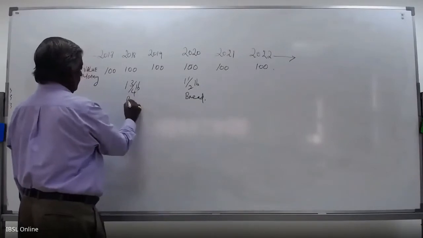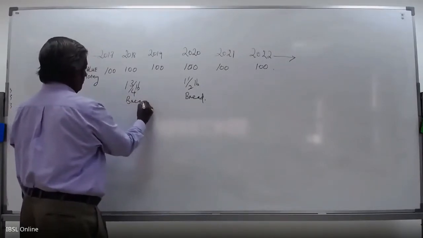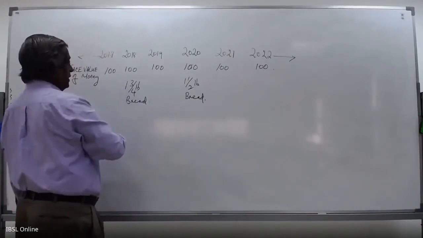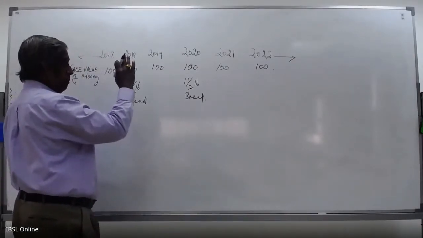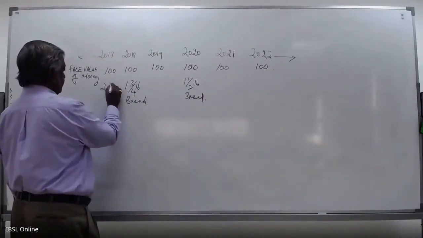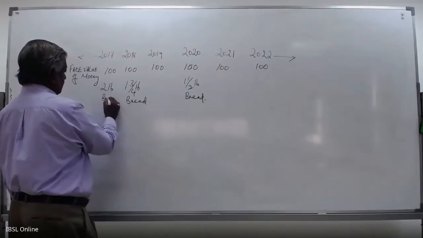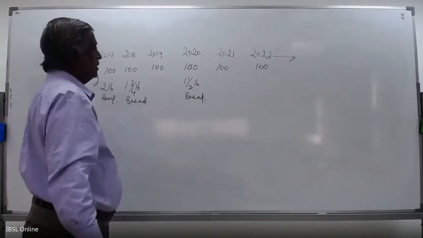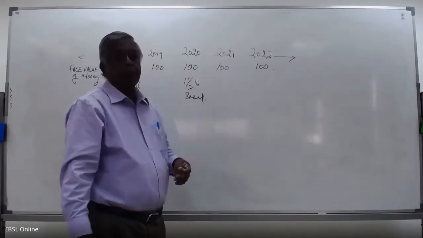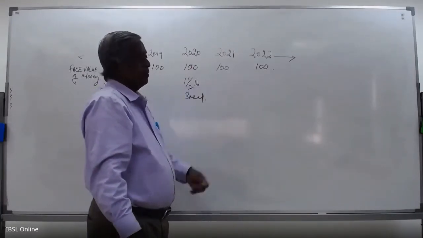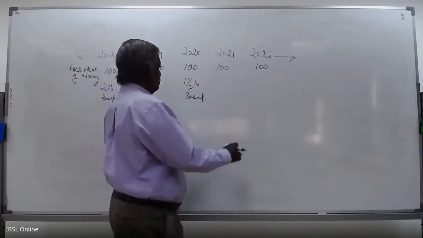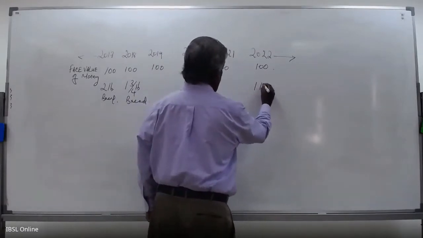Maybe in 2017 or 2016, it was about 50 rupees a pound, so you would have bought 2 pounds of bread. Now you are buying 1.5 pounds of bread with 100 rupees. Maybe in 2021 or 2022, you may buy only 1 pound of bread.